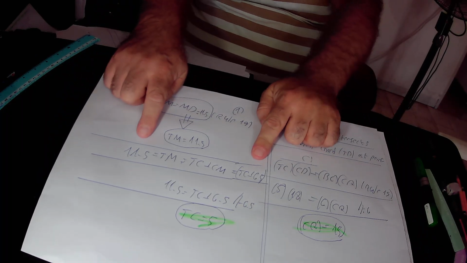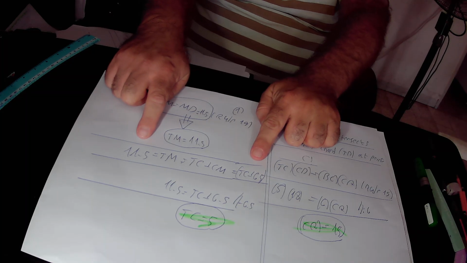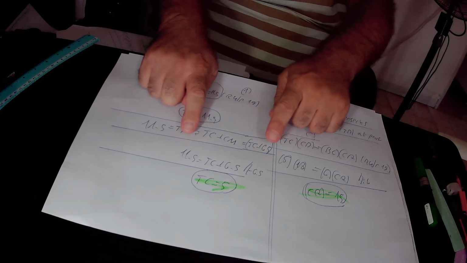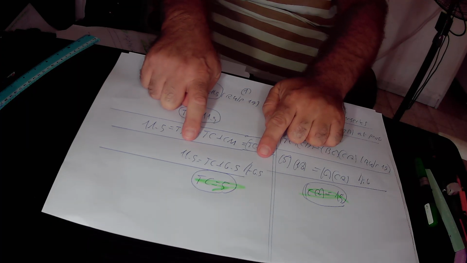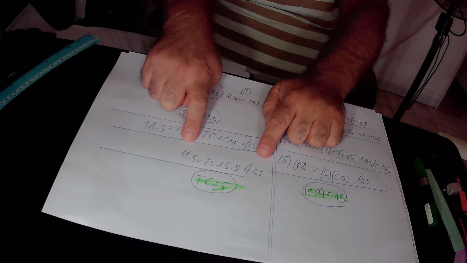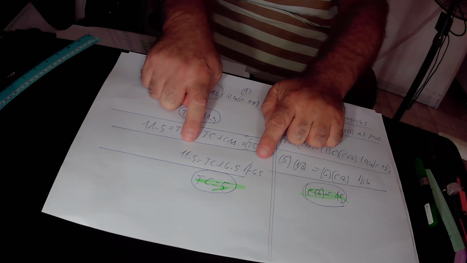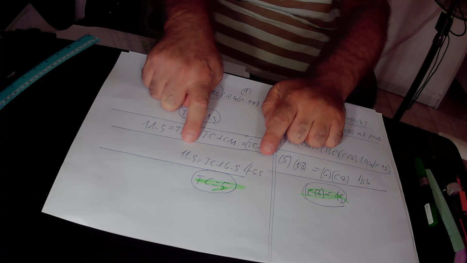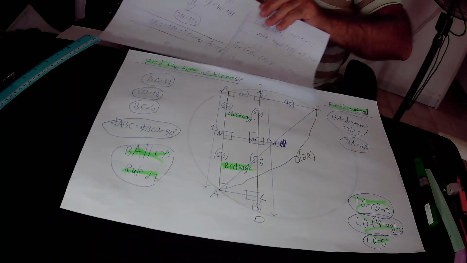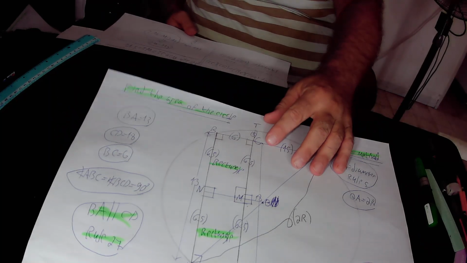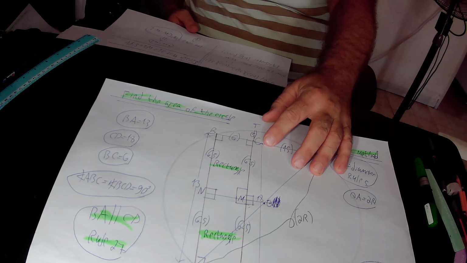From this equation, we derive that 11.5 equals TC plus 6.5. Here we subtract 6.5 from both sides and find that TC equals 11.5 minus 6.5, which is 5. This is the missing segment TC, which is 5 units in length.